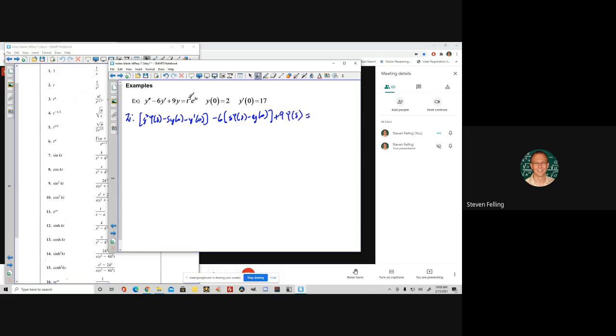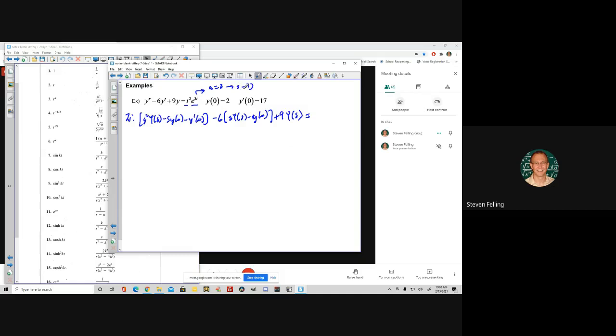Okay. So this right-hand side is a t squared, right? But it's multiplied by an e to the 3t. So what we can do is treat this e to the 3t as a shift, right? This is a equal to 3. So everywhere we see an s in the transform, we're going to switch from s to s minus 3.